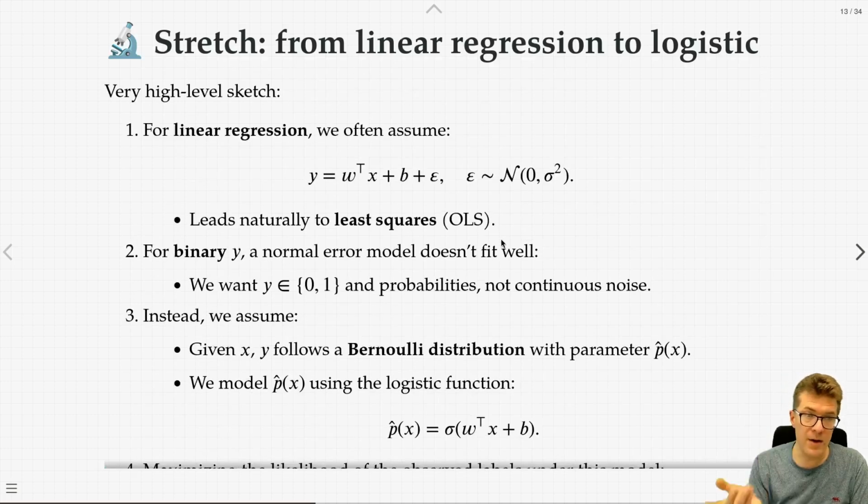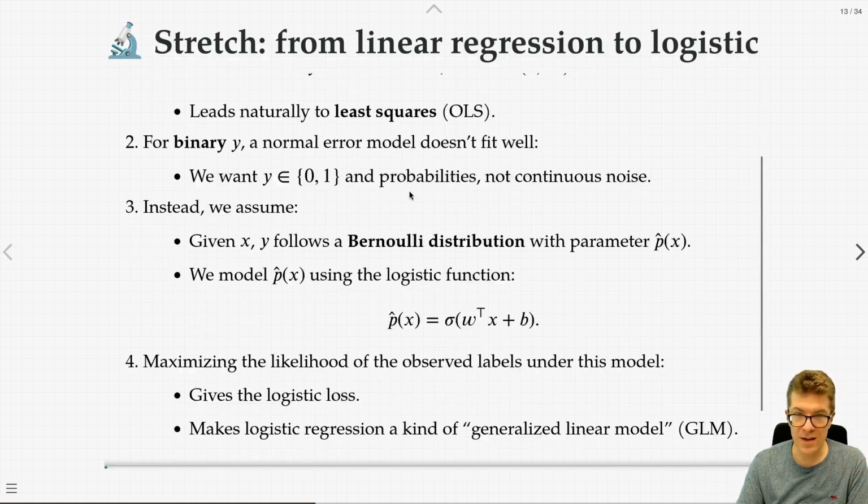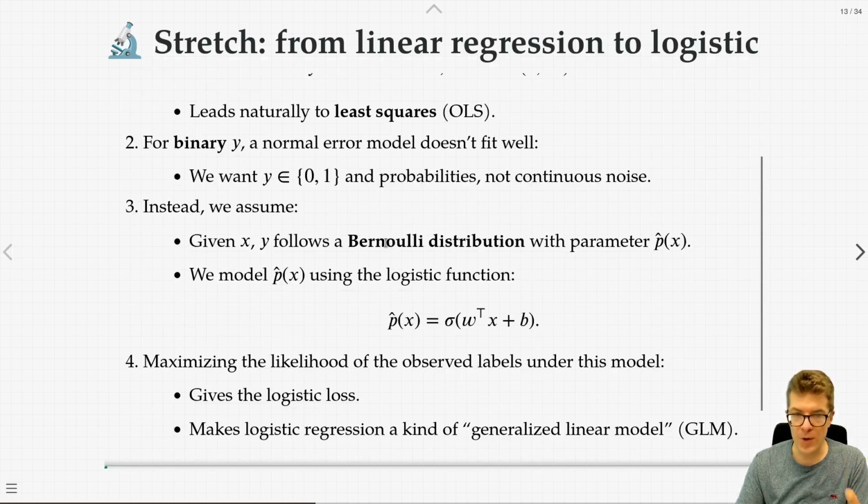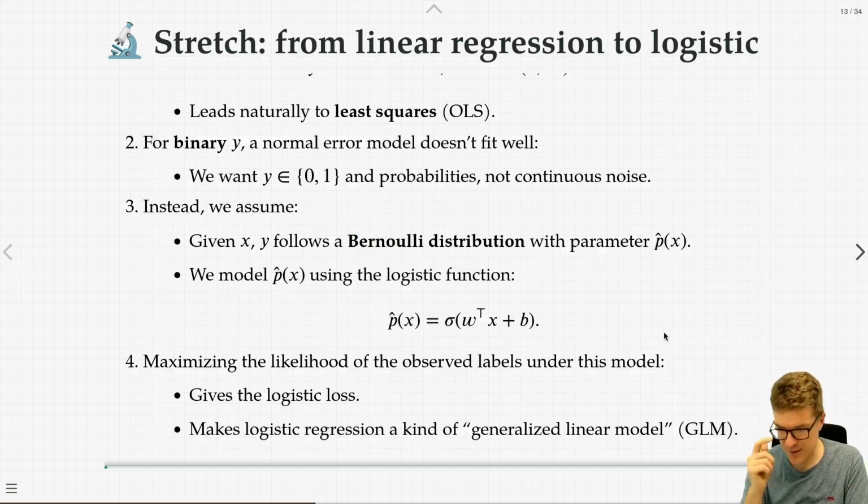For a binary value of y, a normal error model won't actually fit well. We want y to be 0 or 1, on this range of probabilities. There's no continuous noise to deal with. So instead of this kind of normal distribution, we're going to deal with the Bernoulli distribution. You might recall that the Bernoulli distribution has one parameter, and it's basically just the probability that the observation comes up positive, the coin flip comes up heads, so to speak.